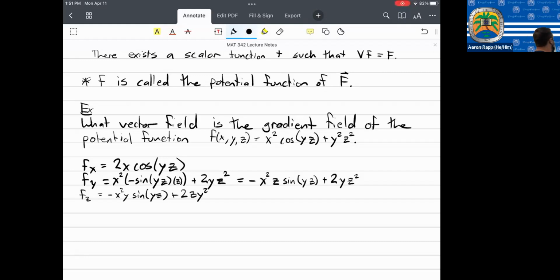Because really, when I consider the derivative of cosine of yz, it was just the derivative of the outside, which gave me my negative sign, repeat the inside, but then I need to multiply by the derivative with respect to z this time, which is going to be y. So that's where I get this y from instead of the z from before. I still have this negative x squared, the negative coming from the sine, x squared from being there before. Then I take y squared times z squared, take the derivative with respect to z, that's going to be a 2z times y squared.